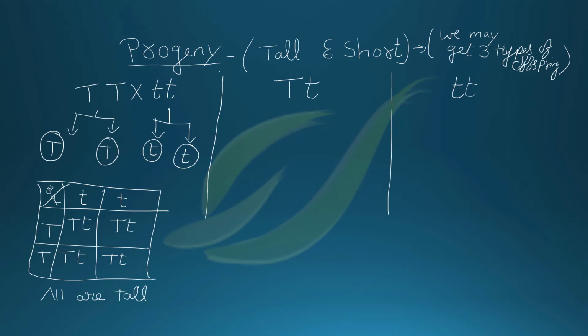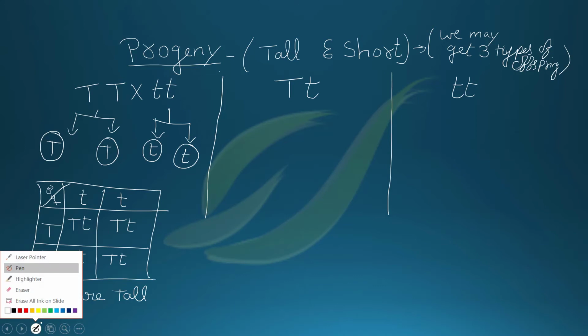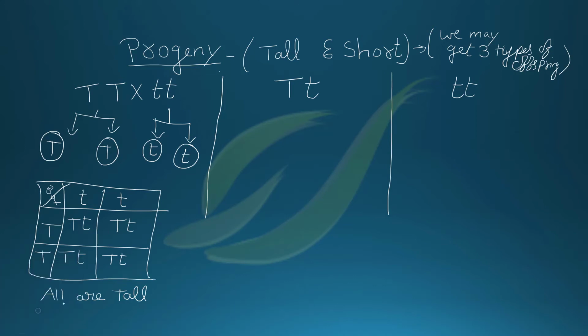If you see the ratio, all are tall and tall is dominant, so you can write it as 4:0. Recessiveness is not there. All 4 of them are heterozygous tall, of course. Tall is dominant, so 4:0.